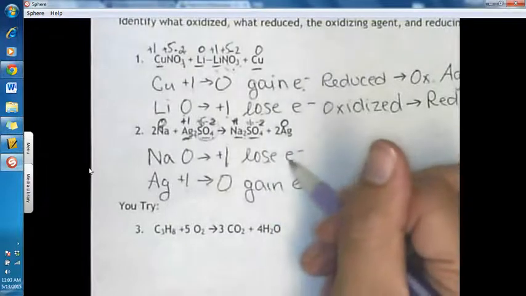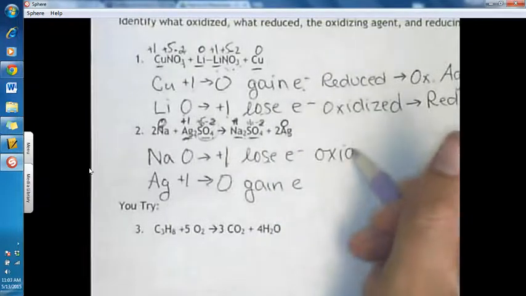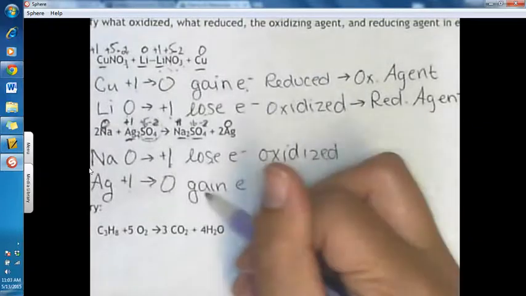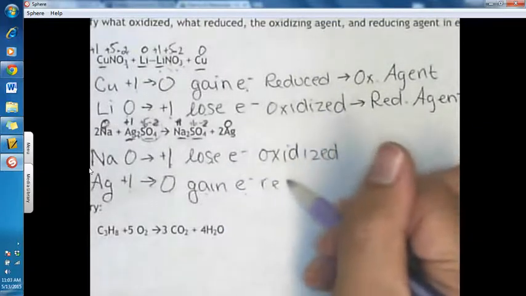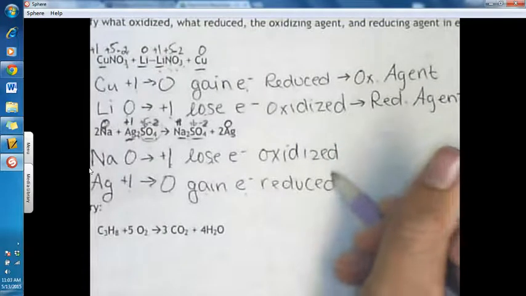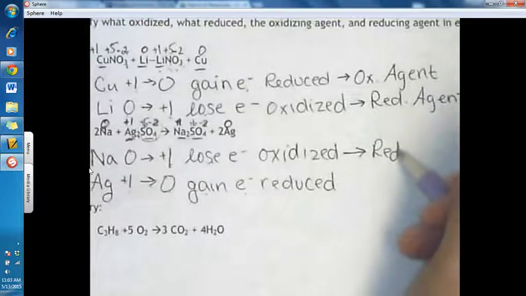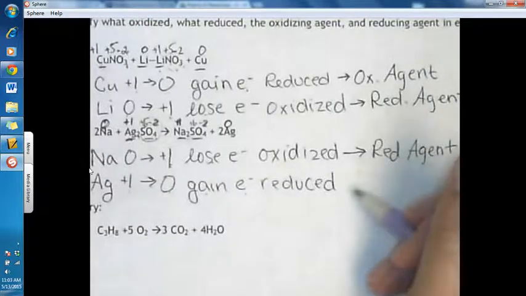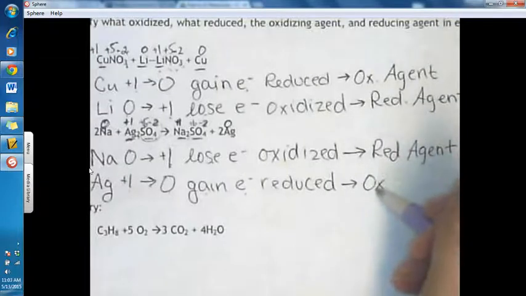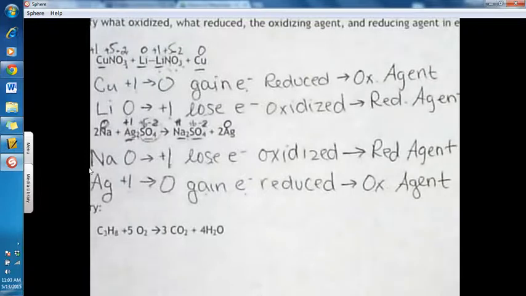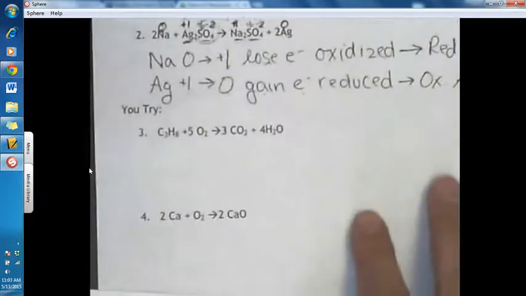Lose electrons, oxidized. Gain electrons, reduced. Oxidized makes the reducing agent. Reduced is our oxidizing agent. Okay. Take a minute to try the you try problems.